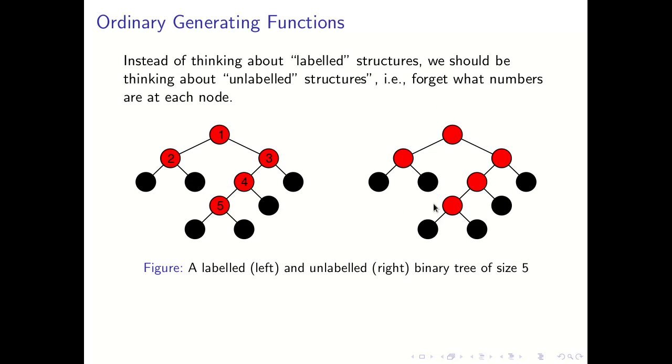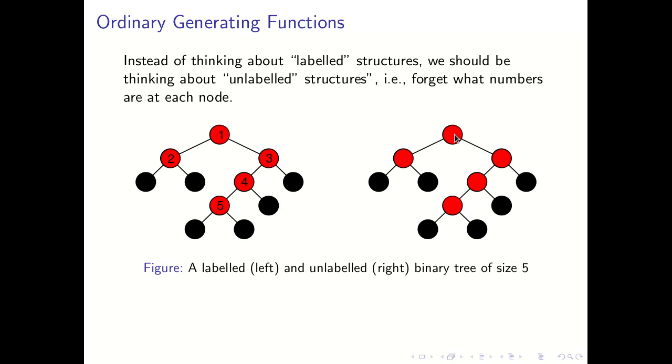And you can see that the thing on the right is, in some sense, more symmetrical. For the thing on the right, it doesn't matter whether or not the thing at the top is a 1 or a 5 or a 3. I can just shuffle them around and it doesn't matter.